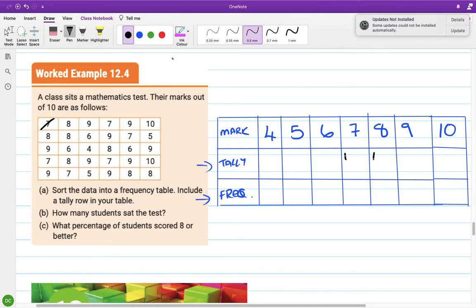Then an 8, then 9, then 7, 9, 10, then 8, another 8, 6, 9, 7, 5, 9, 6, 4, 8, 6. Now another 9. So once you get to a bundle of 5, you go like this, and that's your little 5.